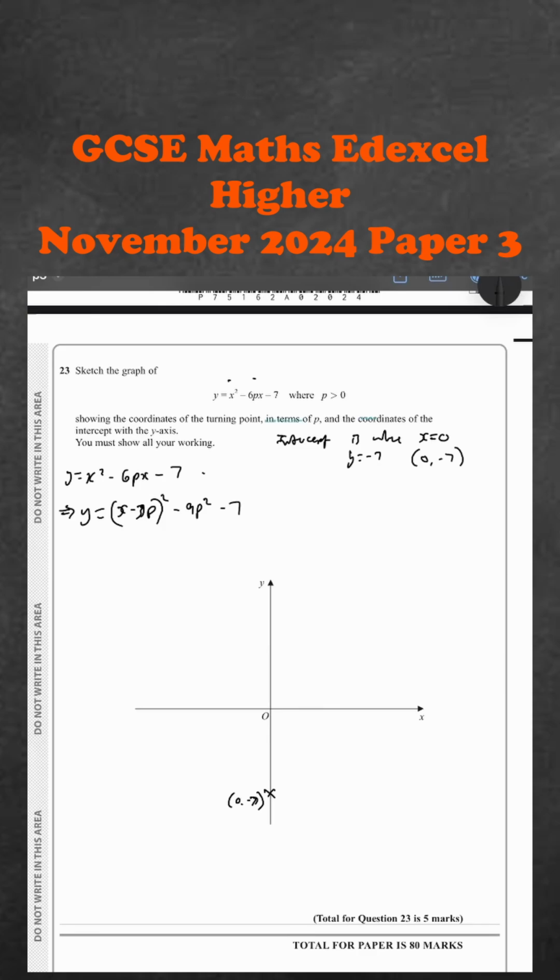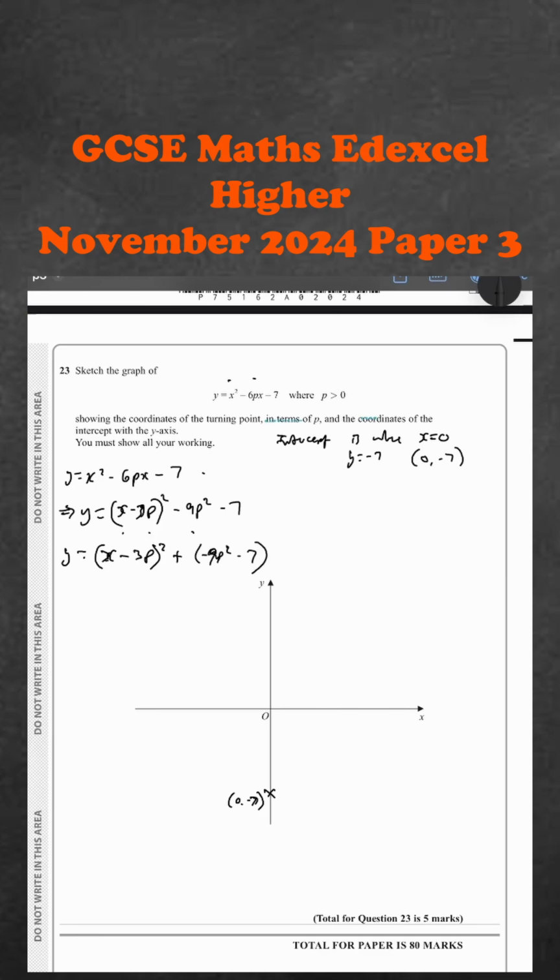And then the 7 remains. If we were to expand this back out, we would get x squared minus 6px plus 9p squared. That's why we're taking the 9p squared back off again. And then we will just rewrite this as y equals (x minus 3p) squared minus 9p squared minus 7.